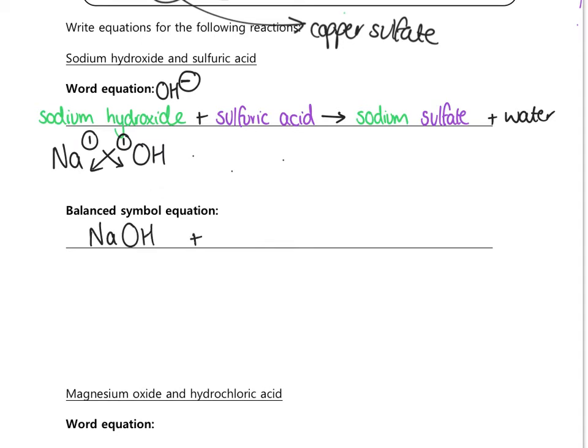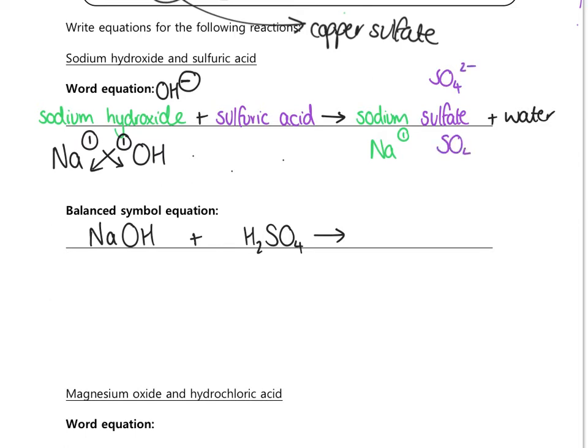Sulfuric acid then, you should know by now, is H2SO4. Leave a bit of room for your balancing numbers in case we need to balance it. Sodium sulfate then, we'll do our swap and drop again. Sodium is Na in group 1, so it has a valency of 1. Sulfate, hopefully you're familiar by now, it's SO4 with a charge of 2 minus.